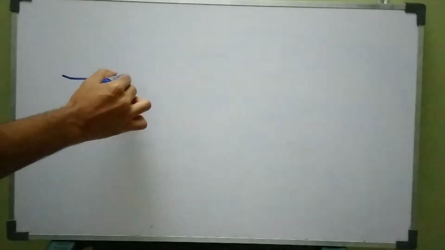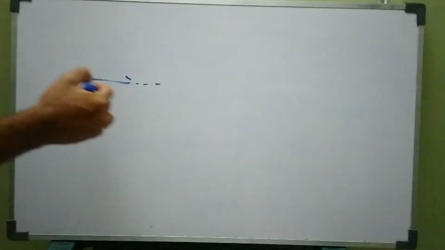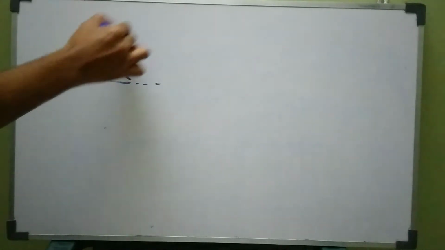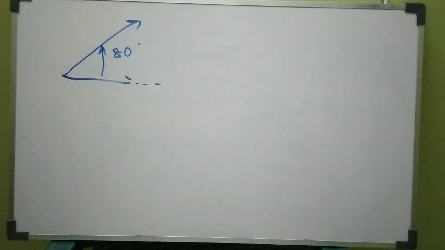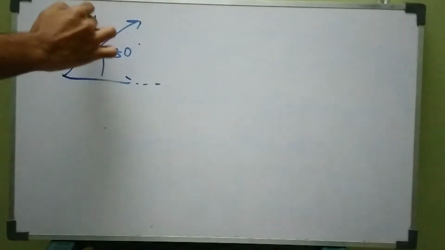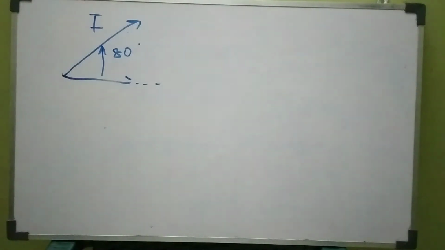In the first part, they have given that at omega equal to 1000 radians per second, the I has an 80 degree phase angle. So if I take this as a reference line, I is going to have the phase angle of 80 degrees. Okay, so this is going to be I. But we already know, as it's a series circuit, the I is not going to change throughout the circuit.